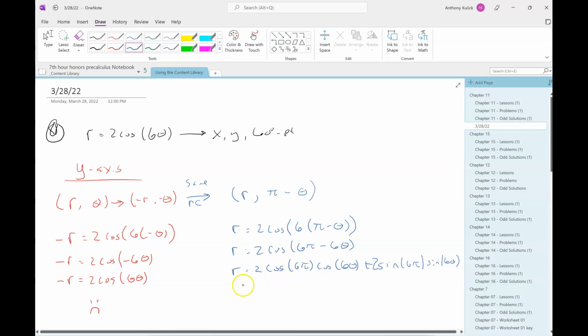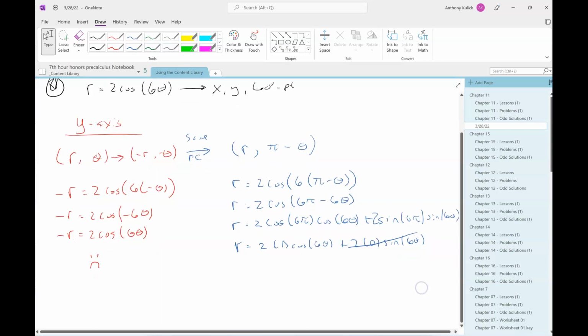Now, cosine 6 pi is the same thing as cosine of 0, which is just 1. And sine of 6 pi is the same thing as sine of 0, which is 0. So that stuff just drops off, and I'm left with the same thing I started with. So this was the trick here, is you just had to convert the form of the polar coordinate.